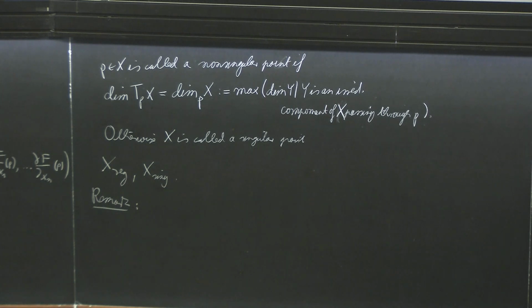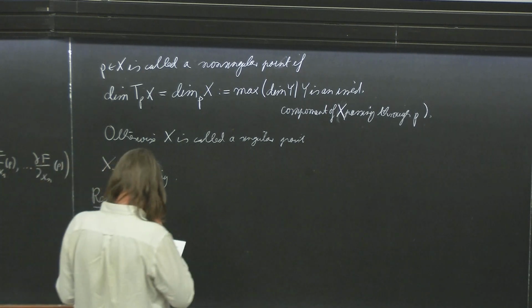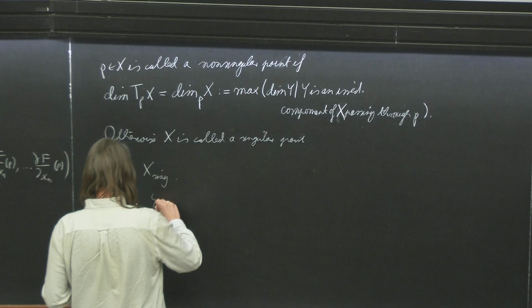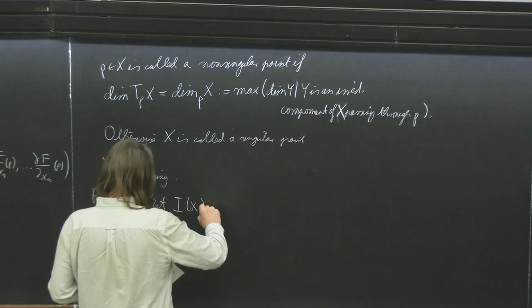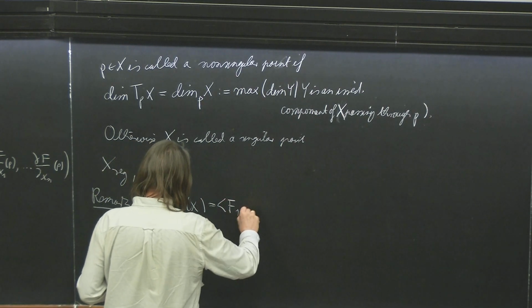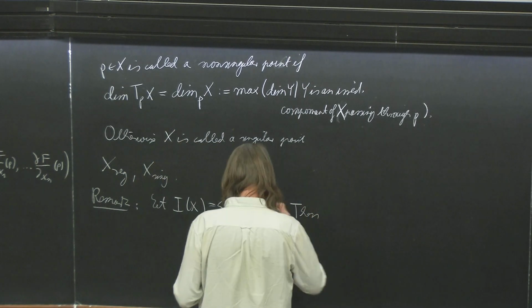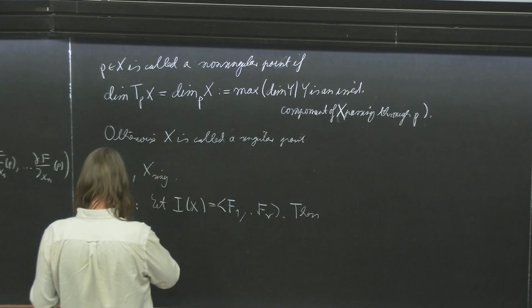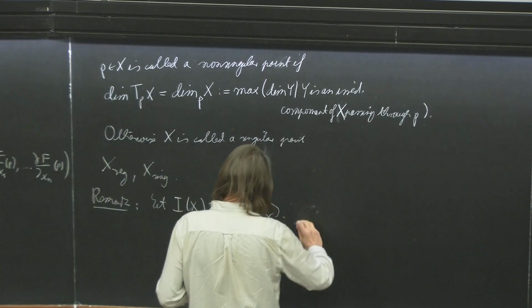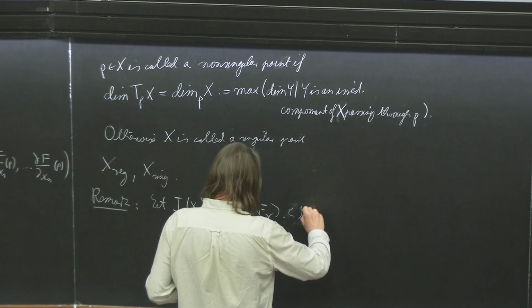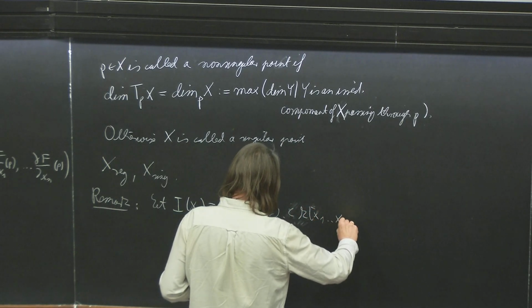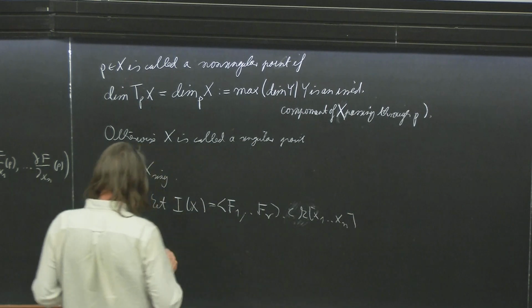In theory, you have to take the intersection of infinitely many such things, but finitely many are enough. We can also just take the generators of the ideal. So let I_X be generated by some polynomials f1 to fr, and X lies in A^N.